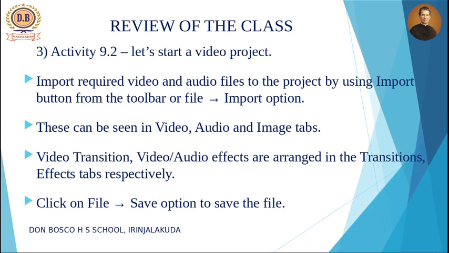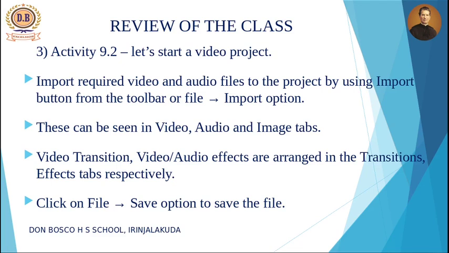Then the second activity was activity 9.2, let's start a video project. For that, first of all, we have to import the video. So import the required video and audio files to the project by using the import button from the toolbar, or go to the file menu and select the import option. This can be seen in the video, audio and image tabs.